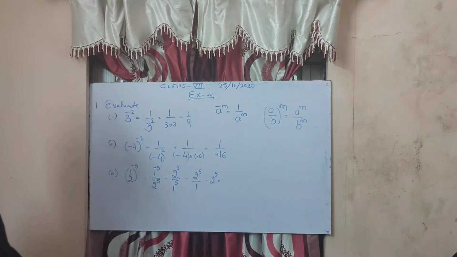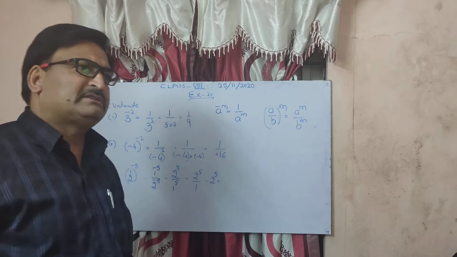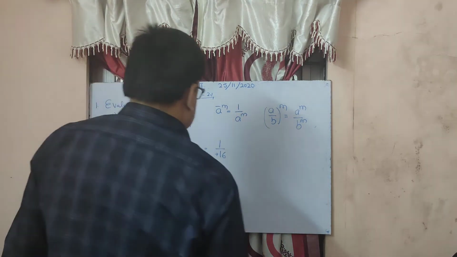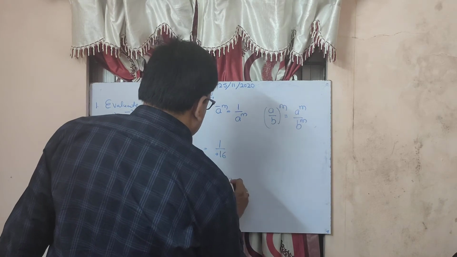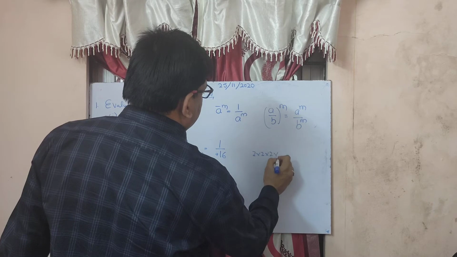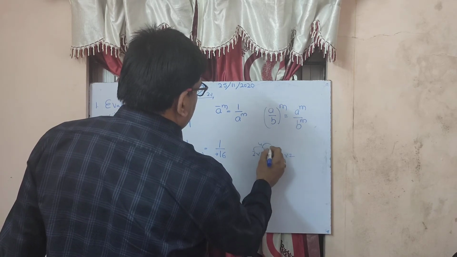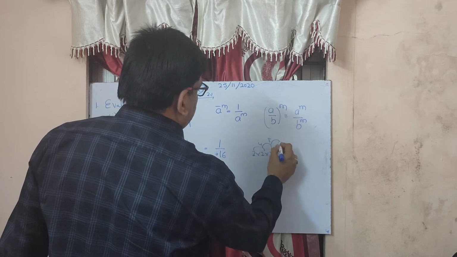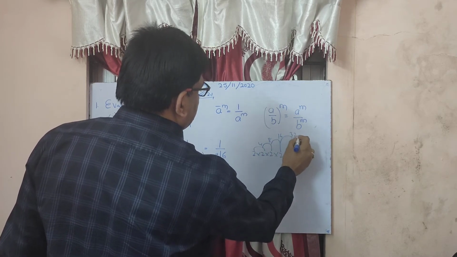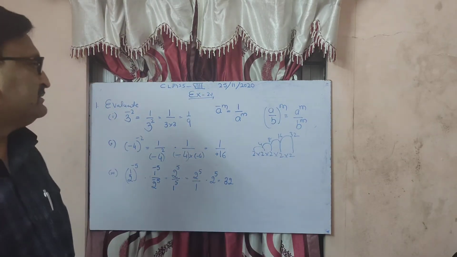How much is it? 2 to the 4, 4 to the 8, 8 to the 16, 16 to the 32. The answer is 32.